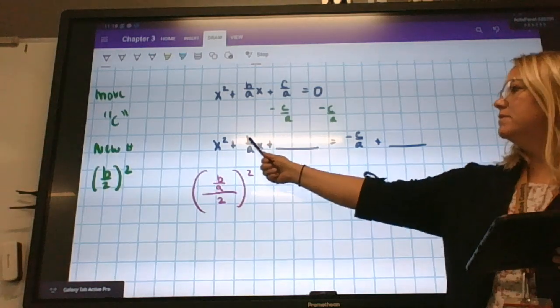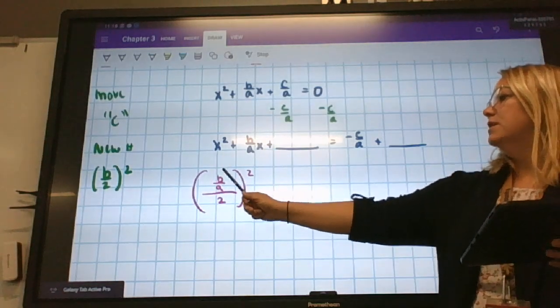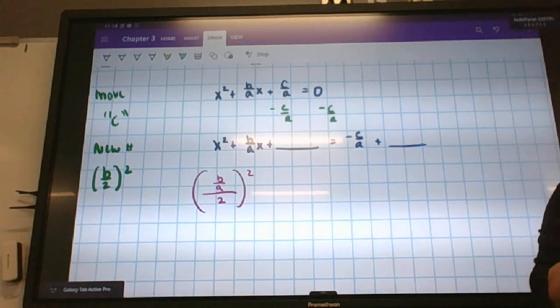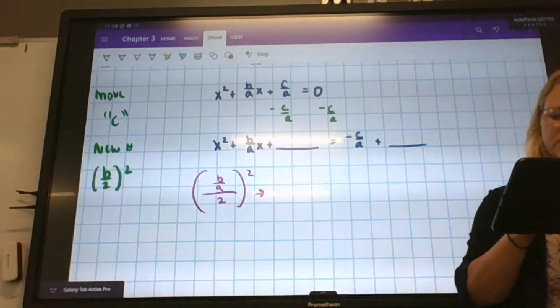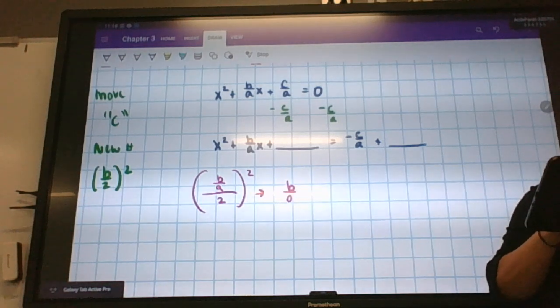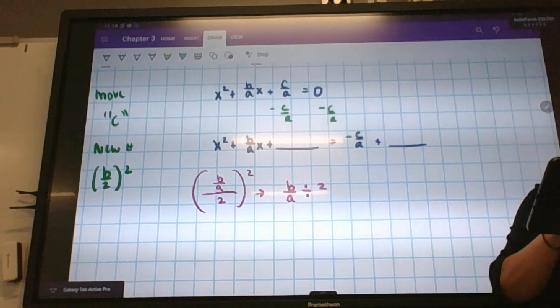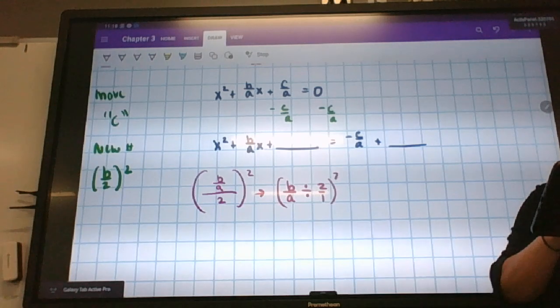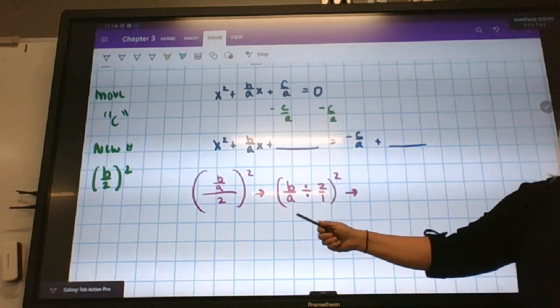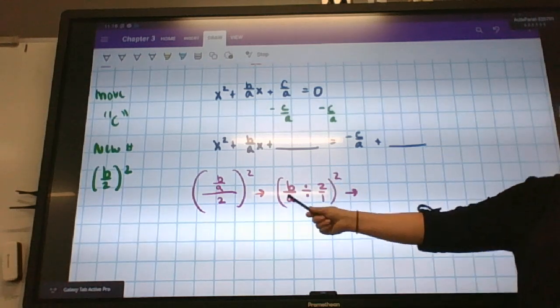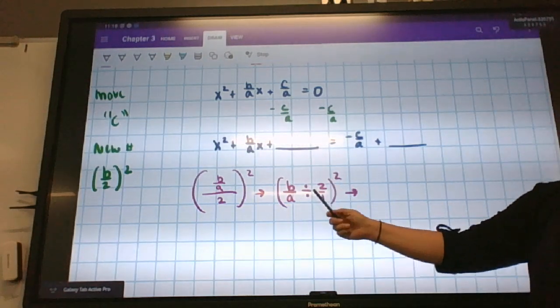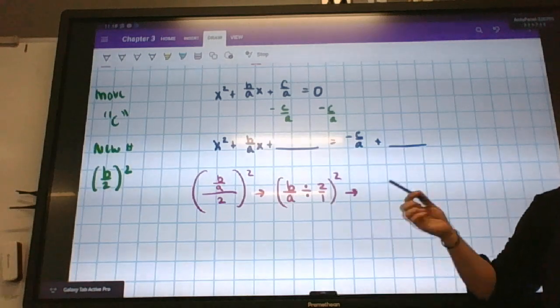So our b value is this funky fraction, so b over 2 squared. We typically don't do a fraction over a fraction, so I'm going to look at this as a horizontal division problem. So this is b over a divided by 2. And then this is a keep, change, flip situation, or multiply by the reciprocal, right?